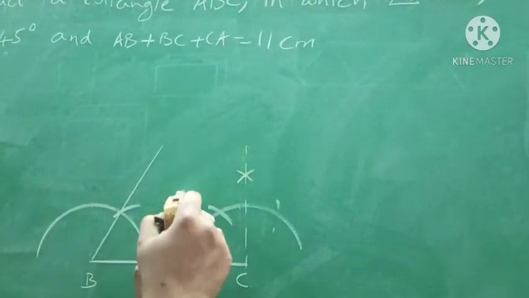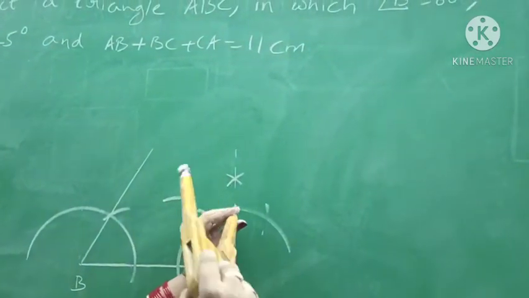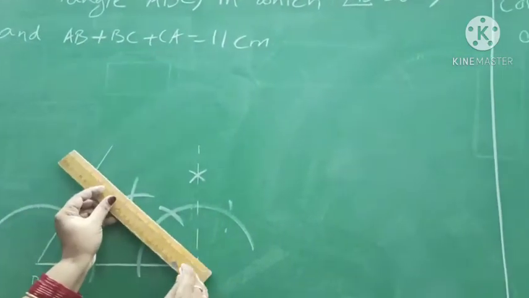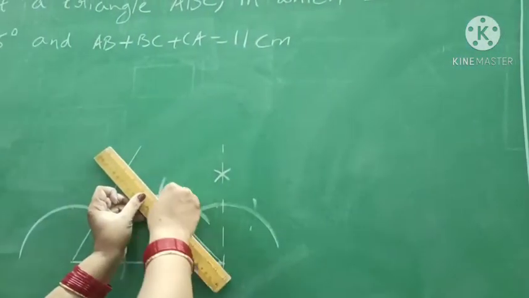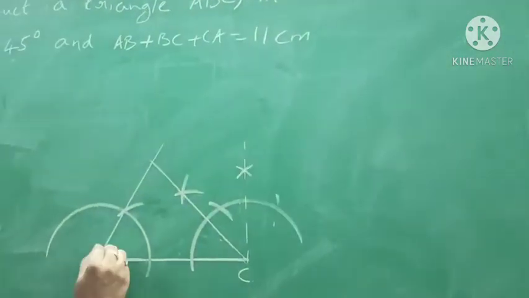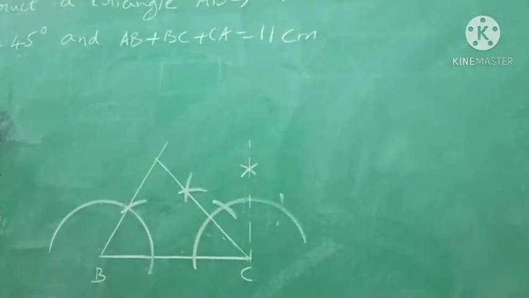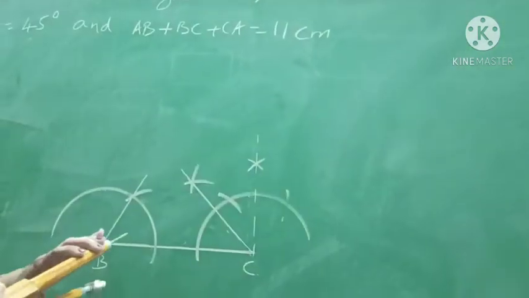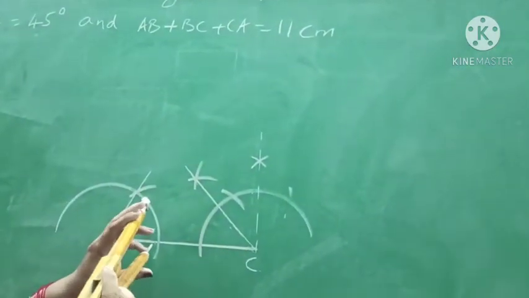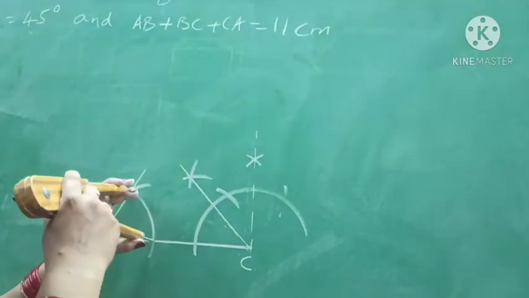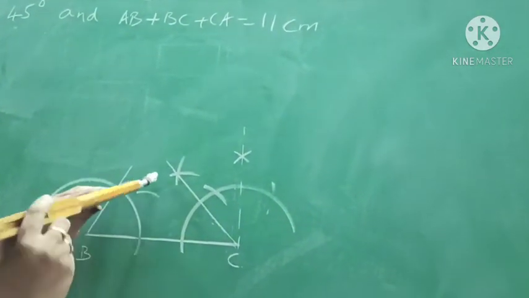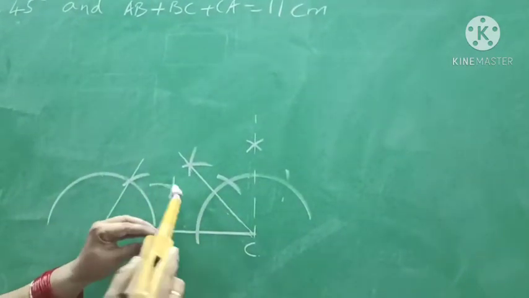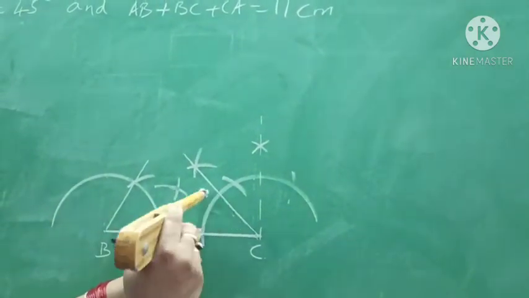Bisect the angle 90 degrees to get 45 degrees. Now again we have to bisect these two angles, like we have to bisect angle 60 and bisect 45.